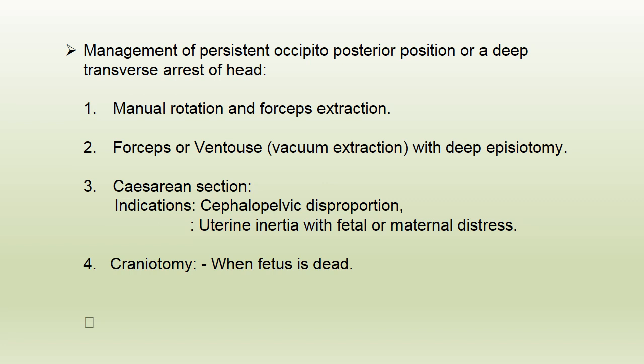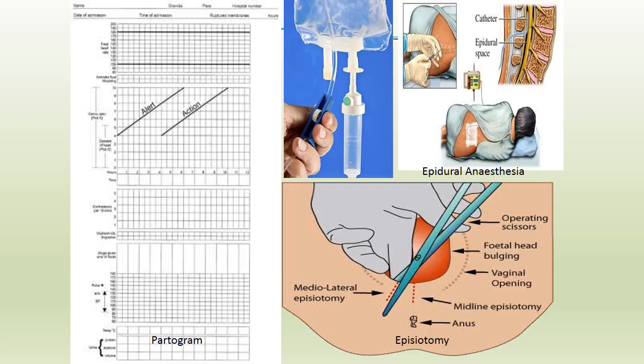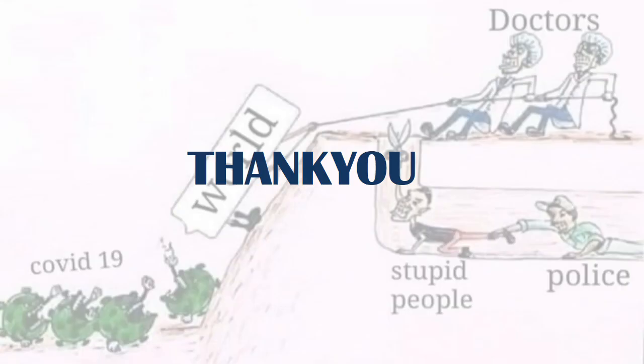Caesarean section is indicated in cephalopelvic disproportion, uterine inertia with fetal or maternal distress, and when the fetus is dead, craniotomy should be done. Partogram should be maintained during the mechanism of labor. Thank you.